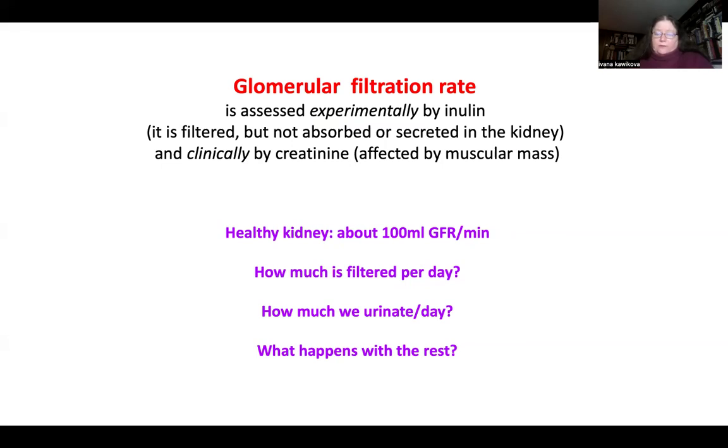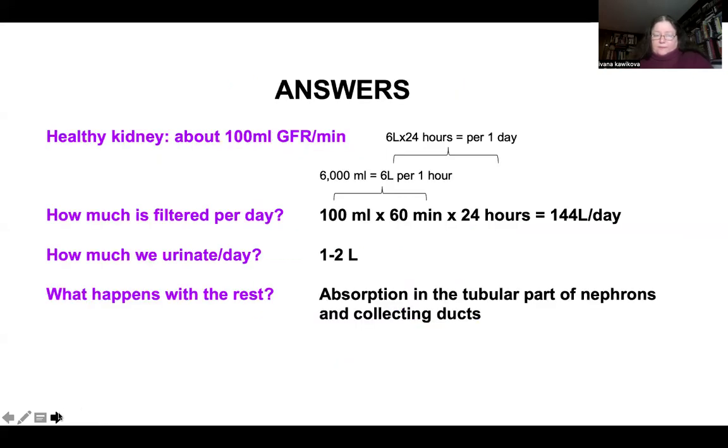So if we have this per minute, I can ask you how much is per day, and you can stop the video and try to calculate how much filtrate is produced in 24 hours. And then you can think for a moment how much you urinate and whether these numbers match, and what actually happens if there is any discrepancy.